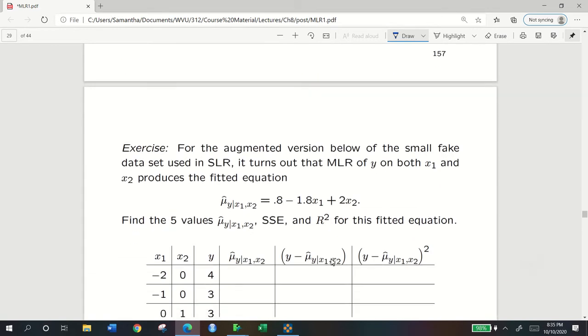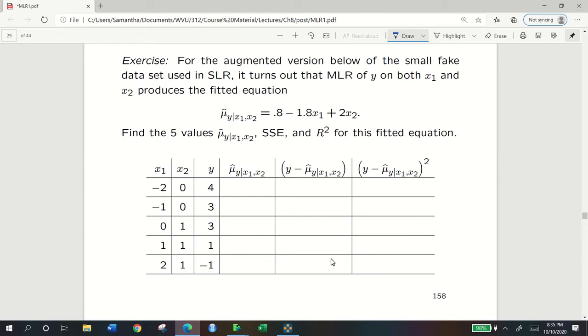And so for the sake of interest, we can do some calculations by hand using our small fake data set. Notice that I've added in a new predictor x2 with the values of 0, 0, 1, 1, and 1.